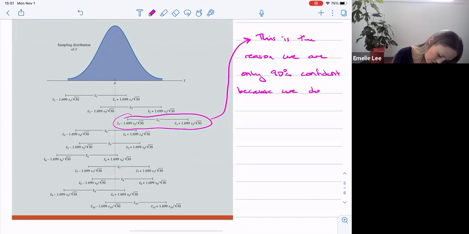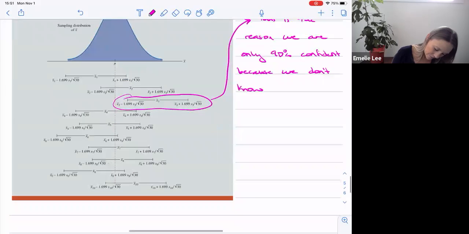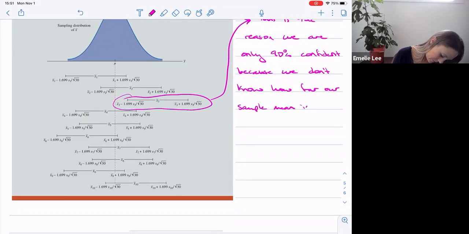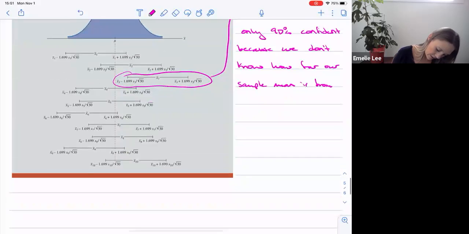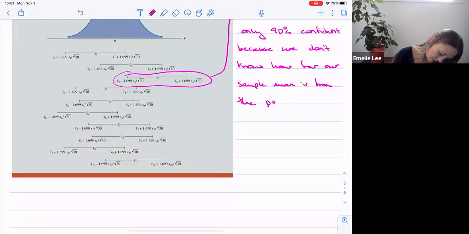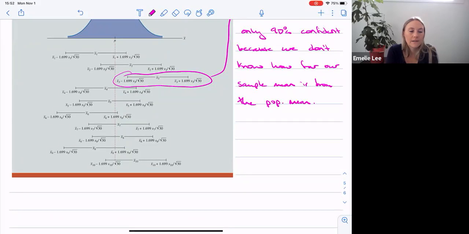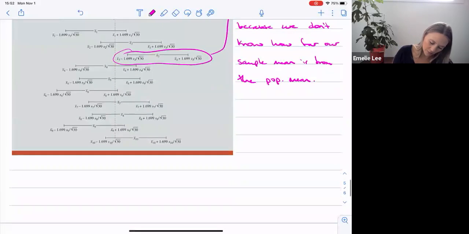Because we don't know how far our sample mean is from the population mean. You could have this fluky X bar, even if you collect a good sample, right?